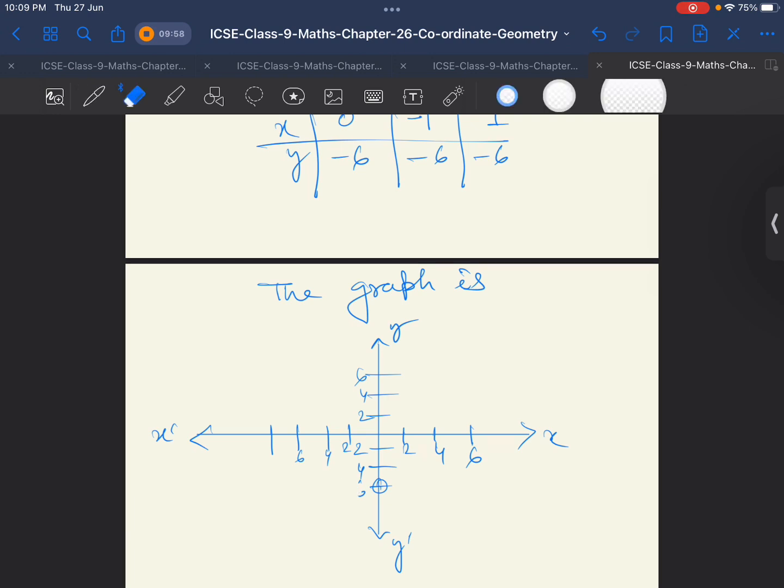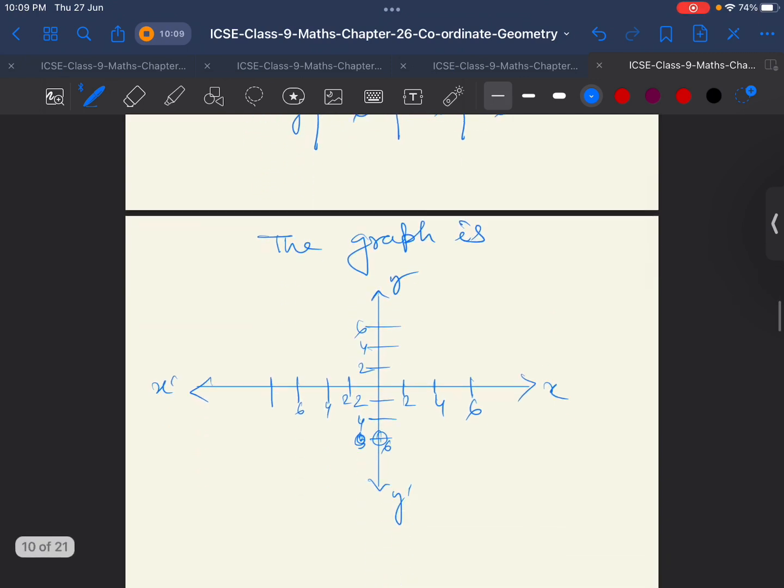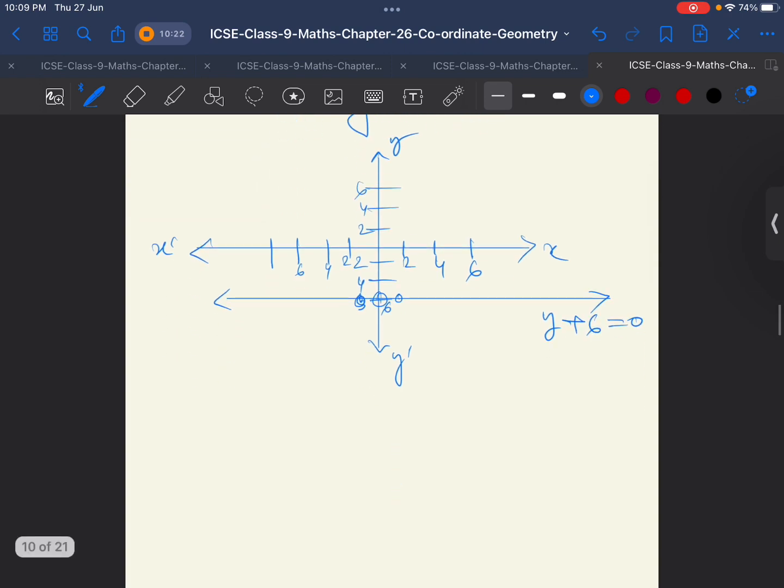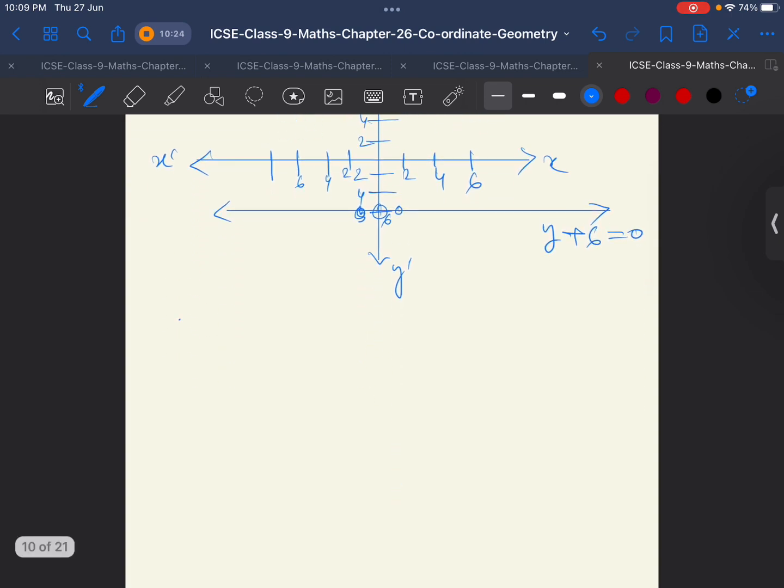Sorry, this point is here, this is 6, and also the point (1, -6) will be here. So now we draw the straight line. This is the straight line y plus 6 equals 0.